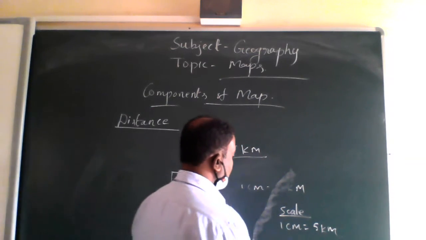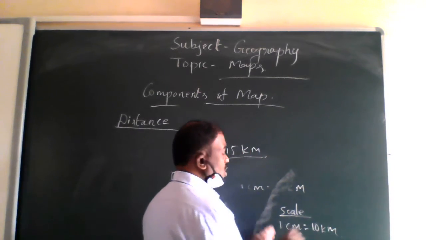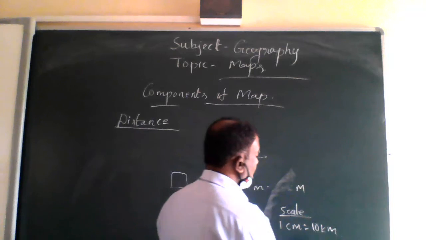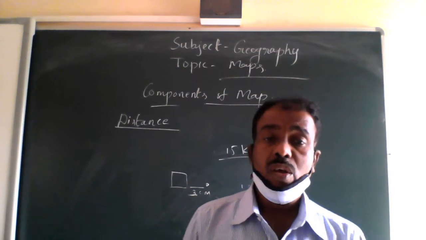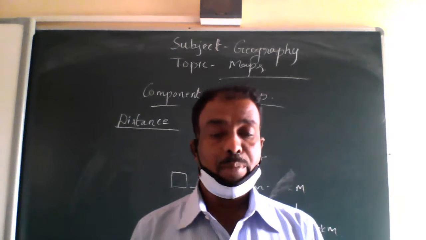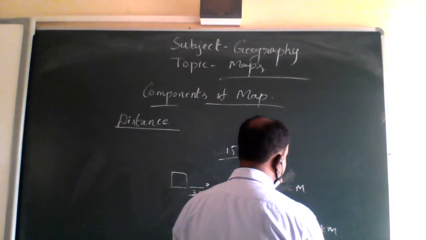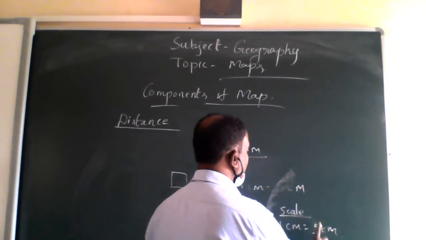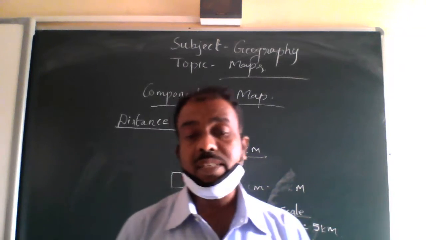Suppose you are using 1 centimeter equal to 10 kilometers, you have to show it like that. Or maybe 100 kilometers, or even 1,000 kilometers. But in this example we are mentioning that 1 centimeter is equal to 5 kilometers. Then 2 centimeters means 10 kilometers.